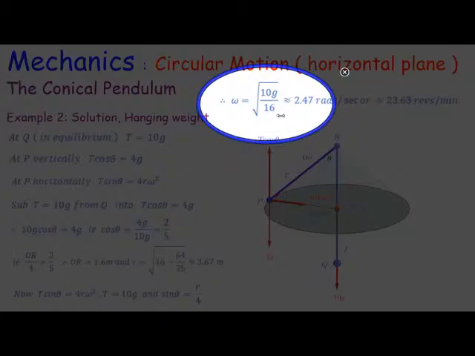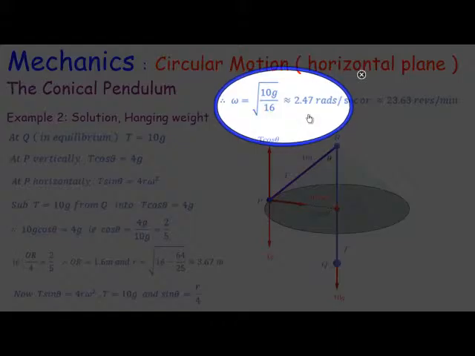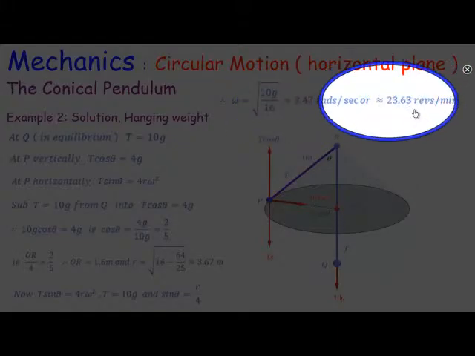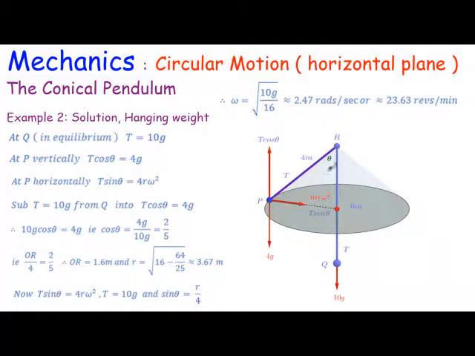Omega turns out to be the square root of 10g on 16, which is roughly 2.47 radians a second, so it's going pretty quick, about 23.6 revolutions per minute. So that particle will need to be traveling at about 23.6 revolutions per minute to support that weight there at Q.